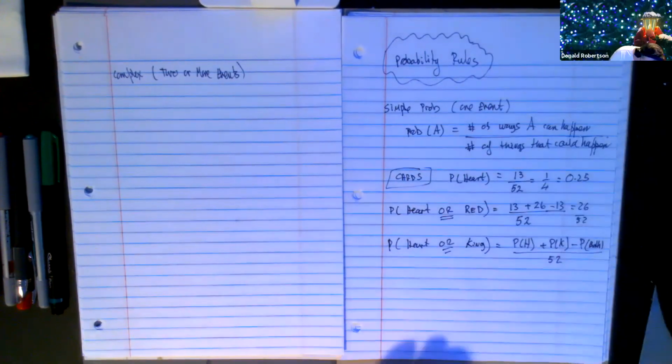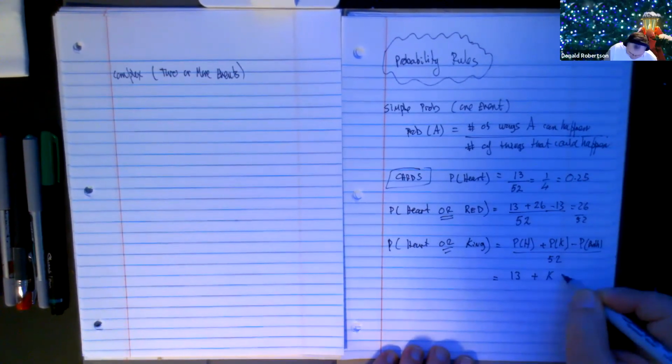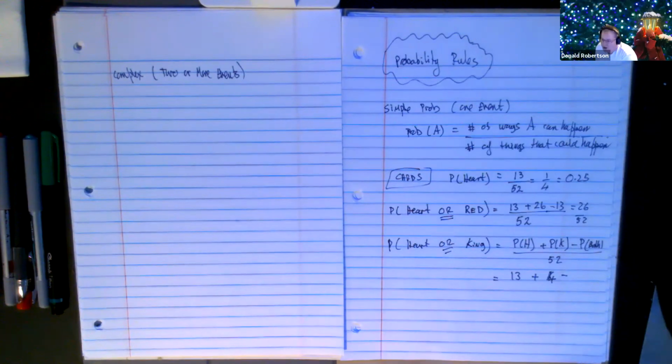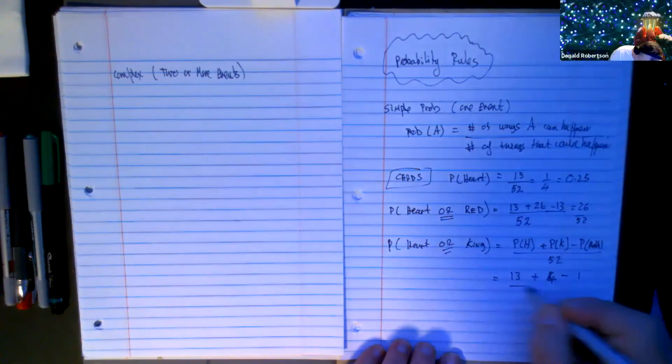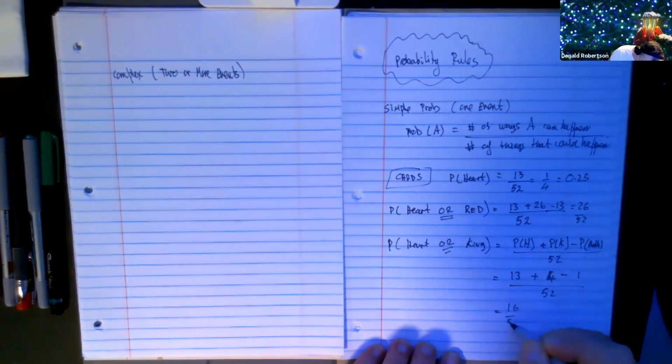So I have 13 hearts, I have 4 kings. How many of those are hearts and kings at the same time? One. So I've only double dipped once. So that one ends up being 16 out of 52.